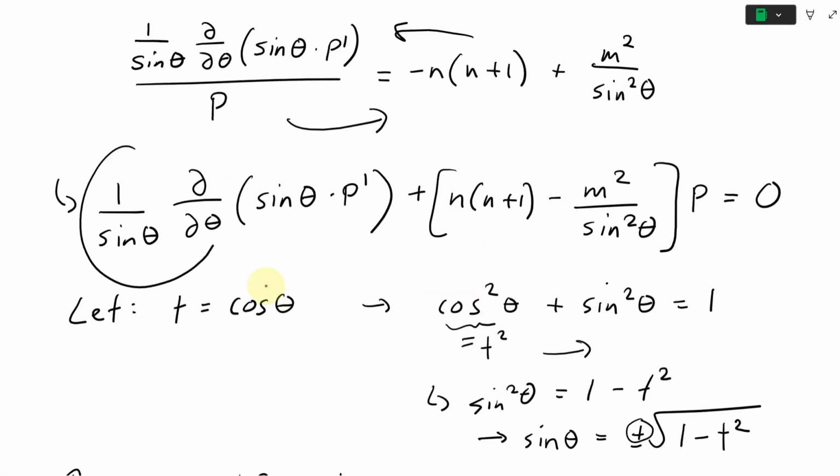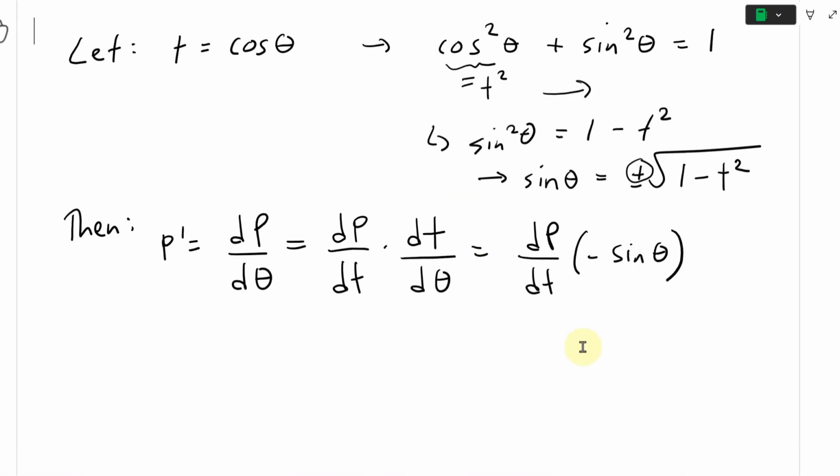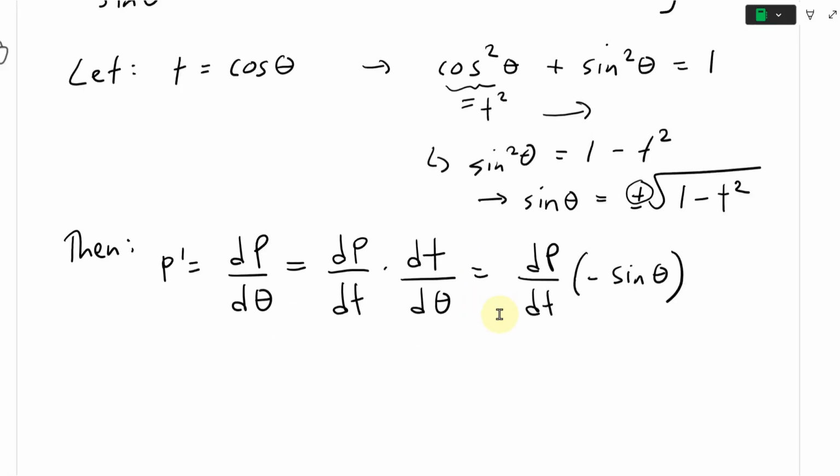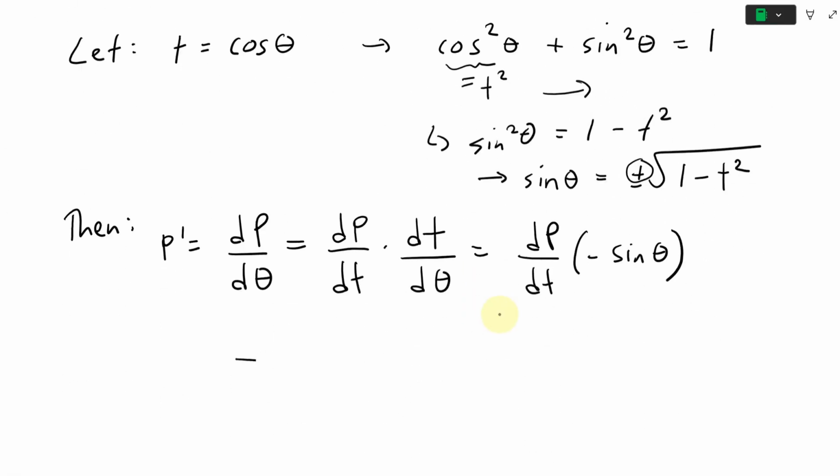All right, so if we look over here, this is a 1 over sine, and then we have a partial over partial theta, or d over d theta, of this function there. In other words, we could rearrange this so that we move this sine over to the other side. We're going to get a 1 over negative sine theta, and then this is going to be over to this side.